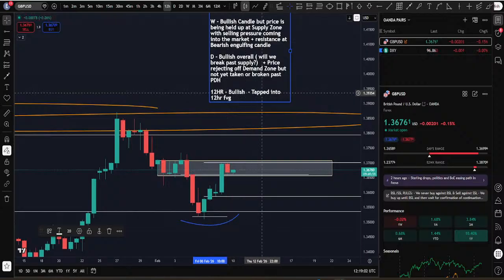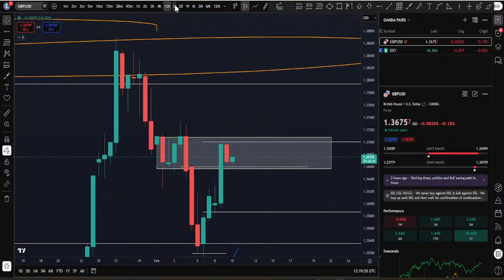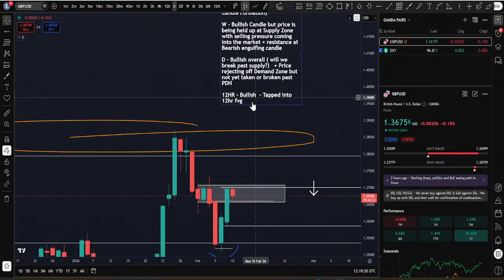I think the key here is the 12 hour. The 12-hour is the focus. I think it enables us to see a bit more, because the monthly, the weekly, the daily are kind of murky. But this tells me straight away, whilst we're in this supply zone on the daily, this wick rejection here into this order block is massive on the daily, absolutely massive.